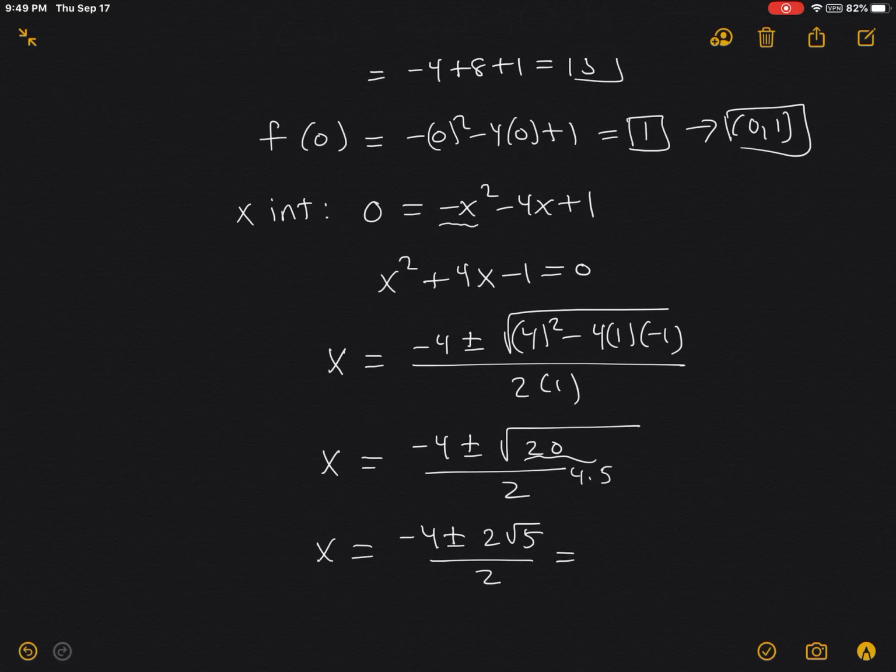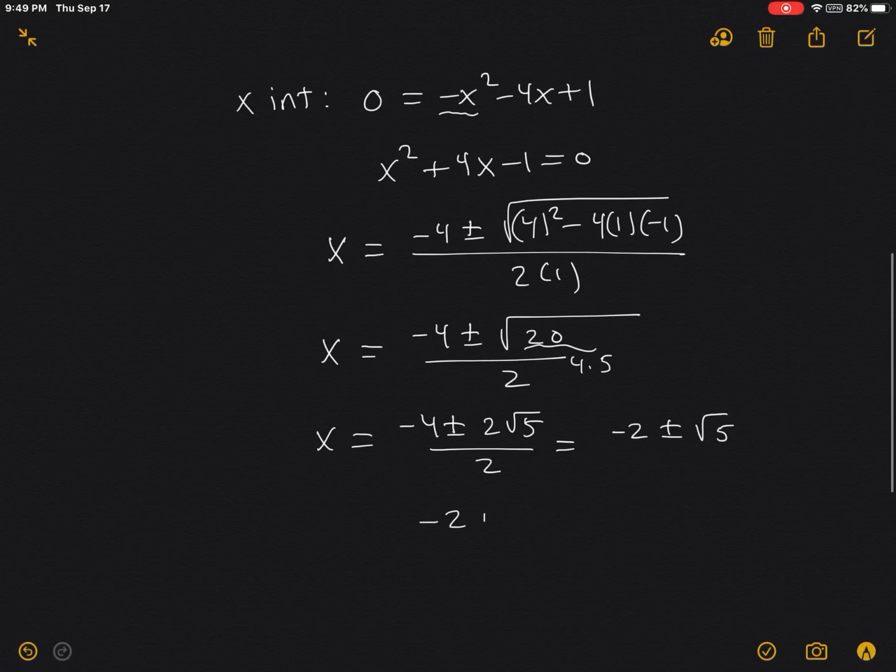If you simplify this, you divide top and bottom by 2, you'll get negative 2 plus or minus the square root of 5. Negative 2 plus root 5 is approximately, if you use your calculator, 0.236. And if you do negative 2 minus root 5, it's going to be approximately negative 4.236.